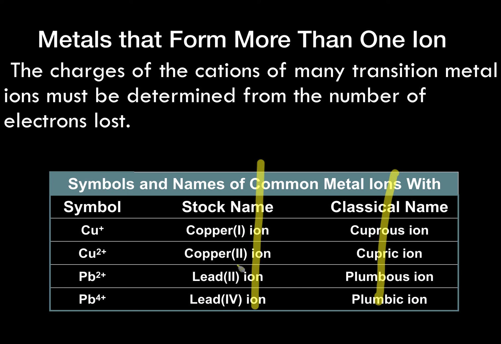We'll actually worry about the stock name a little bit. So once again, Cu plus 1 is copper 1, and Cu plus 2 is copper 2. Same thing, Pb plus 2 is lead 2, and Pb plus 4 would be lead 4.